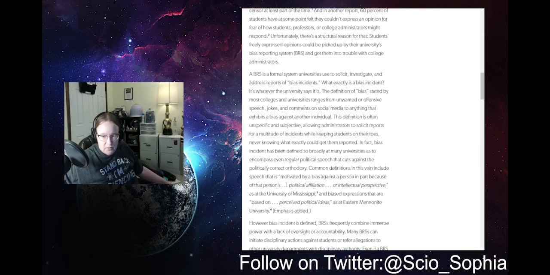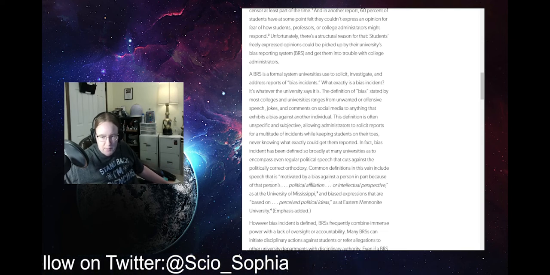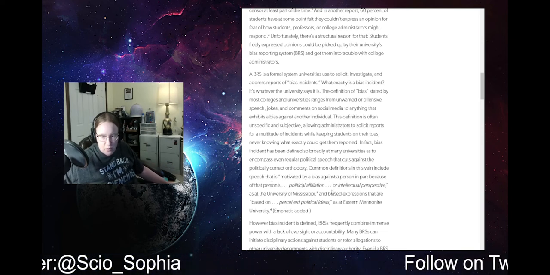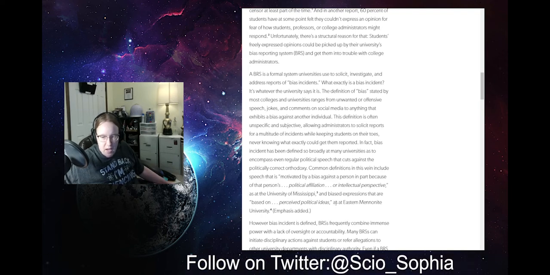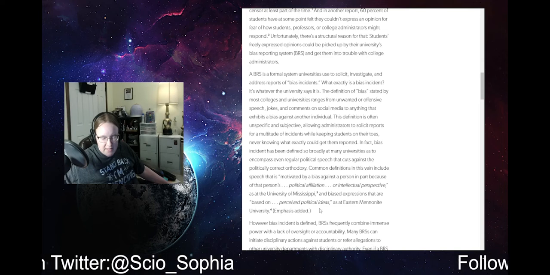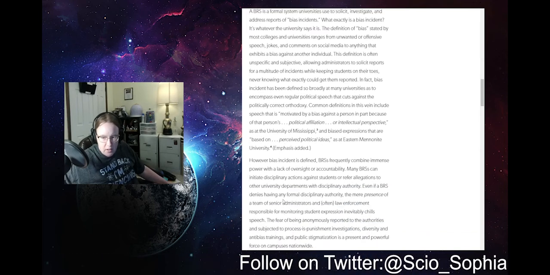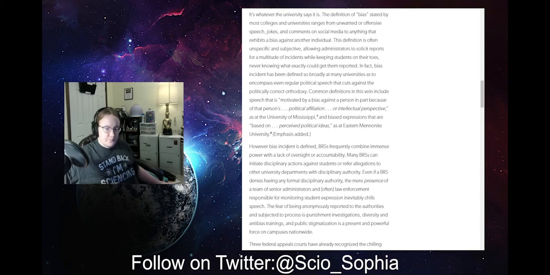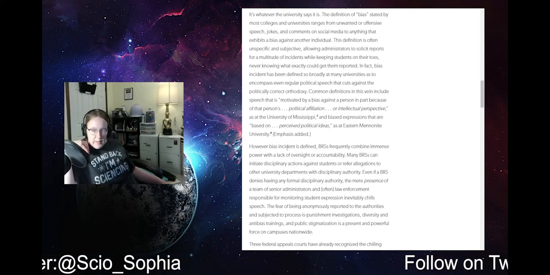Common definitions in this vein include speech that is, quote, motivated by a bias against a person in part because of that person's political affiliation or intellectual perspective, as at the University of Mississippi, and biased expressions that are, quote, based on perceived political ideas at Eastern Mennonite University. Things like that are really scary. Really, really scary here.